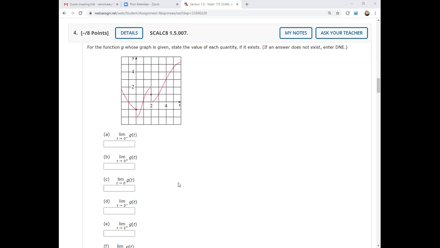Remember that the limit as t approaches 0 means you're looking at 0, on the graph, which is where the x-axis and the y-axis meet, and you're approaching 0 from the left. That means you're approaching from below, from the left side.